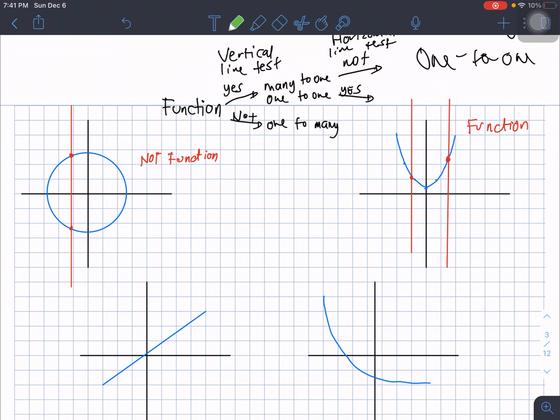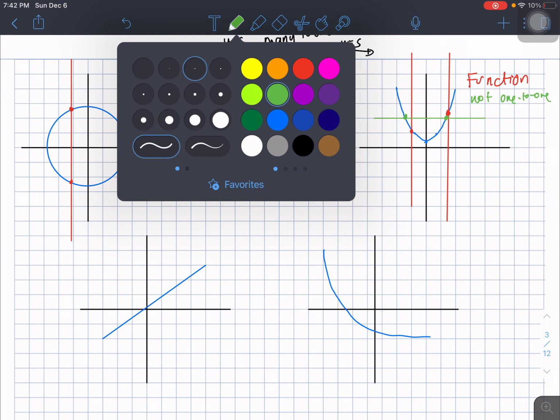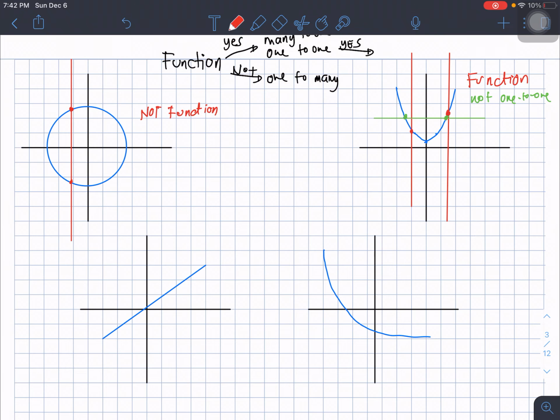In order to identify a one-to-one correspondence, again, draw a horizontal line. Since it passes through more than one point, then this is not one-to-one. Now let's have this example.